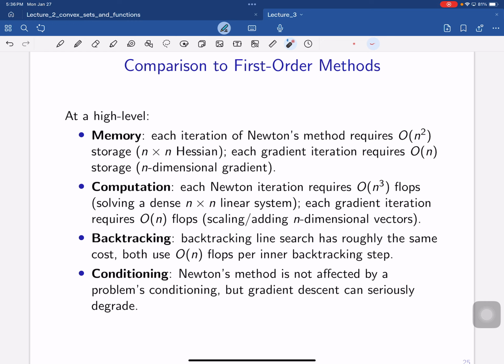The advantage of Newton's method is that it has much better convergence properties, especially if you want to get a good solution.